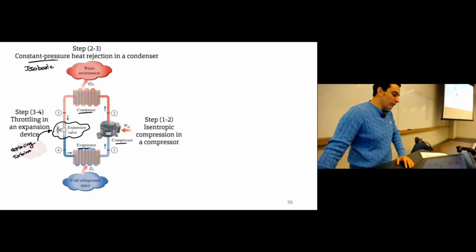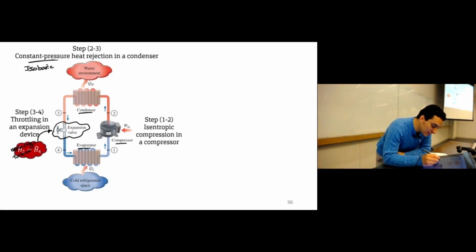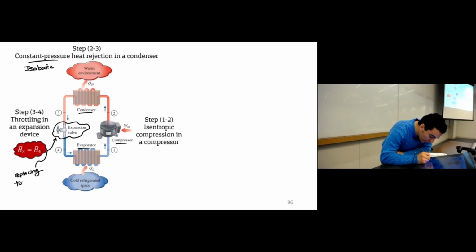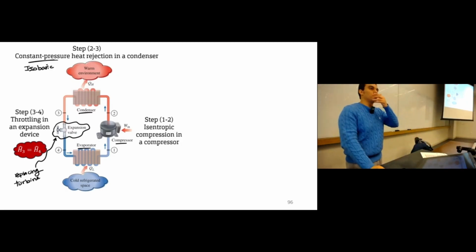One of the advantages of using this throttling valve is that it has constant enthalpy. So the inlet to the throttling valve and the outlet of the throttling valve have the same enthalpy, and this is very important to consider.